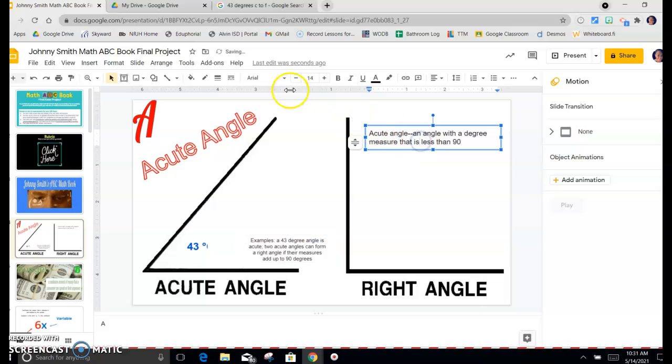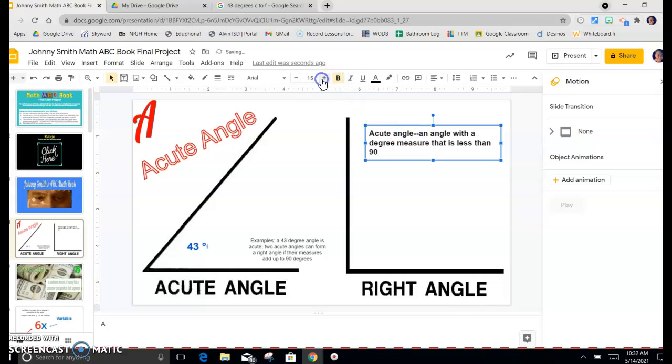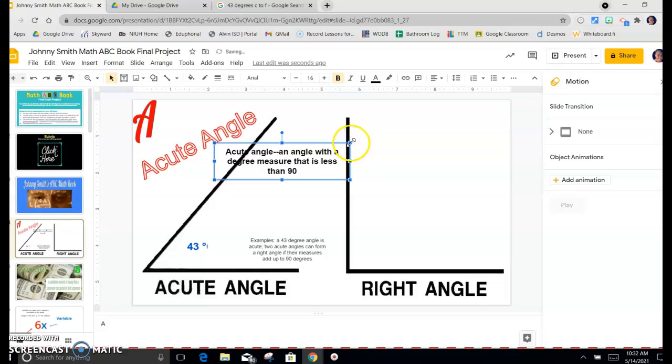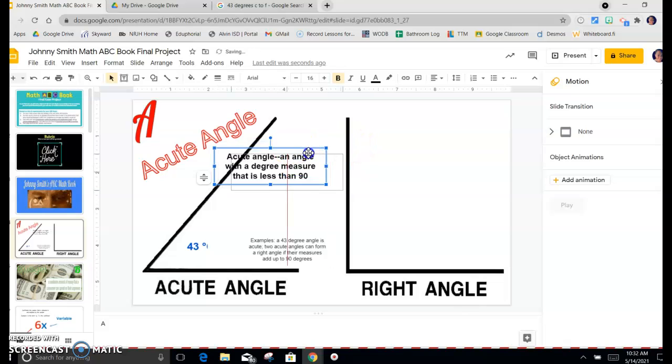Example. Let's make my definition a little bit more bold. For some reason, I want them all to be centered. I guess I should put the definition over here, huh? Too much over there with the non-example. An acute angle.